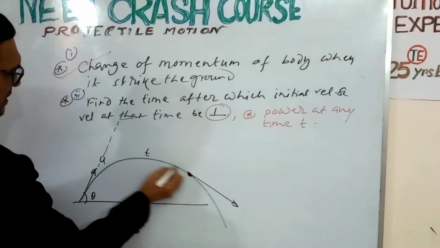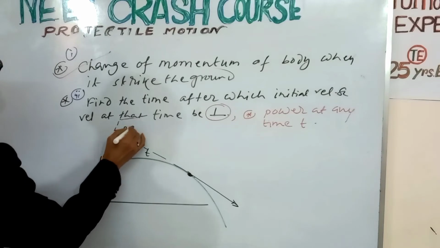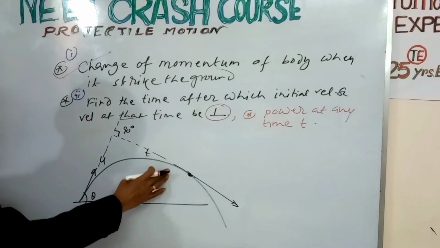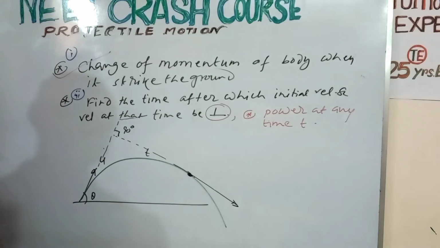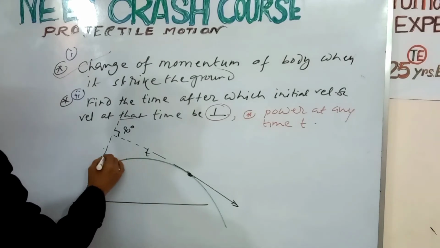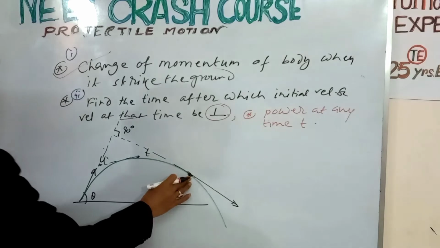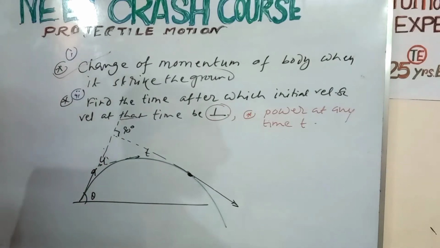If we extend this, then the two directions make an angle of 90 degrees. Right now this is not 90 degrees. So what is the time taken after which the two directions will be 90 degrees?